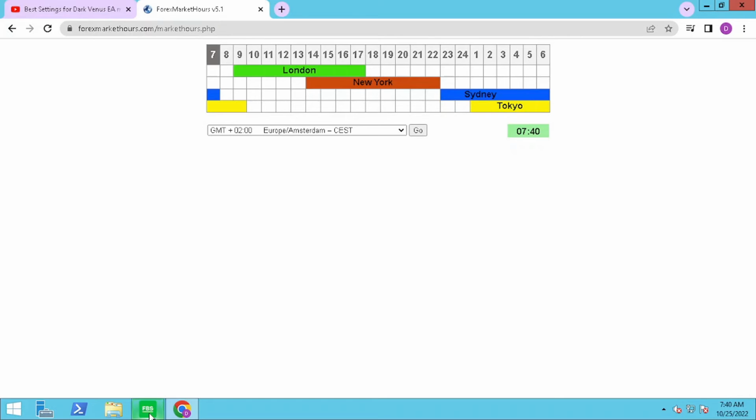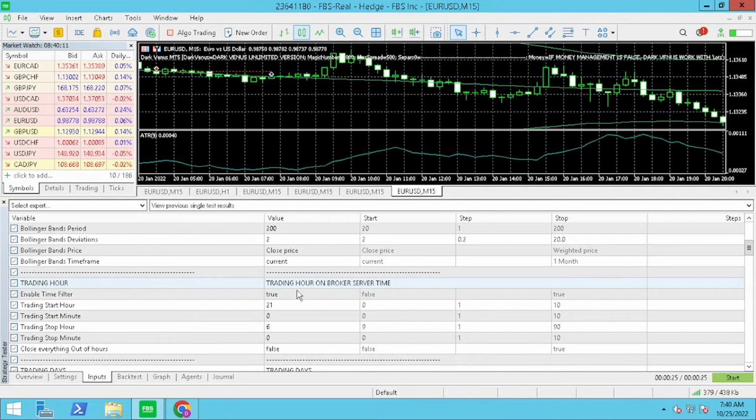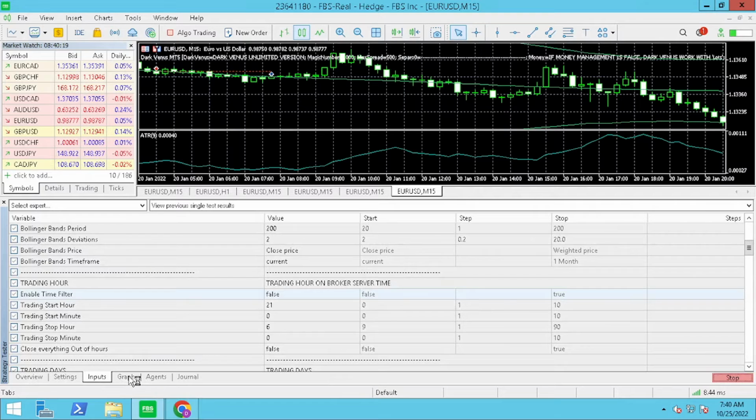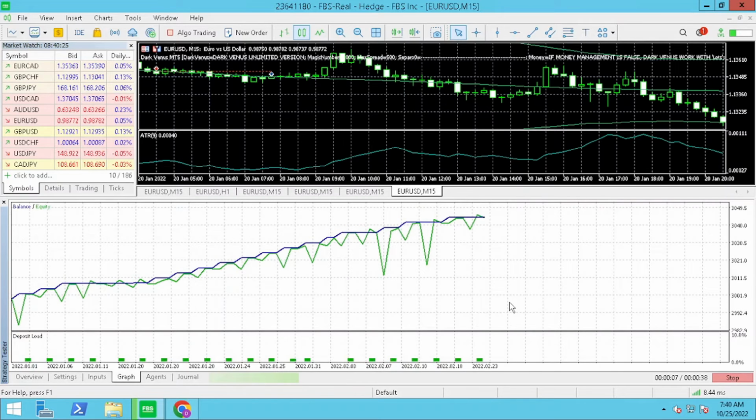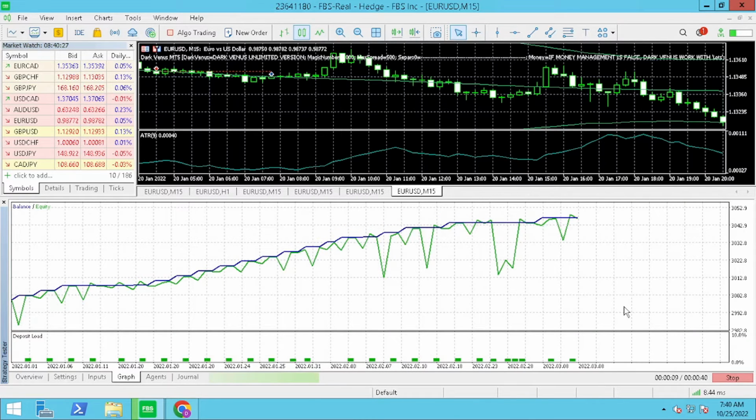Let me show you if we didn't use this, if we set this to false. This means the expert advisor will be taking a lot more trades because we will be trading through more periods. And you will see also that it will be a lot more drawdown.